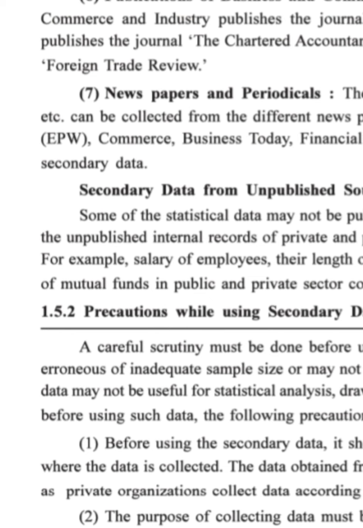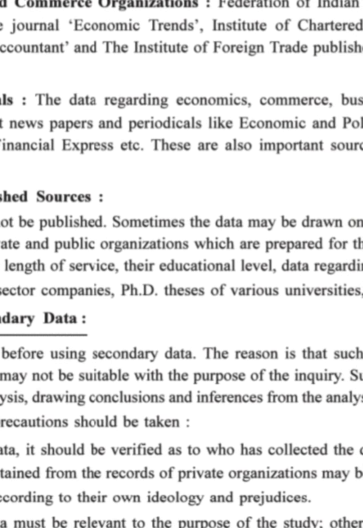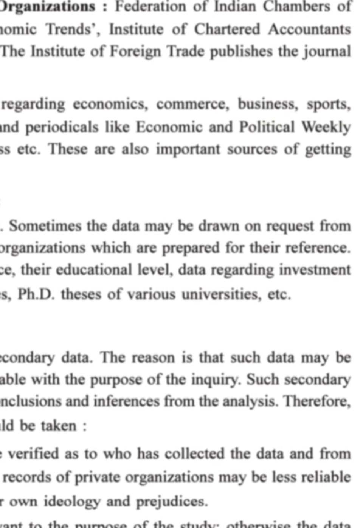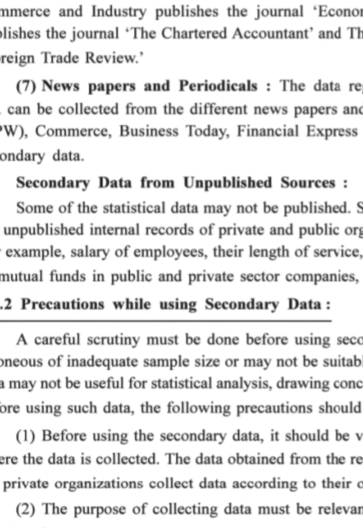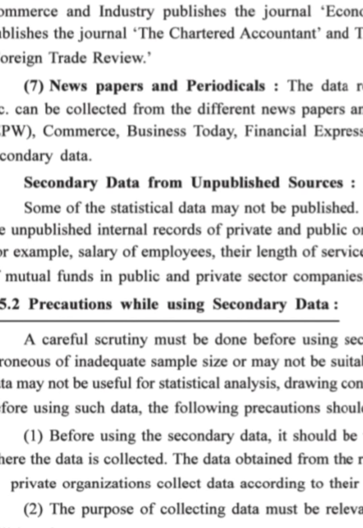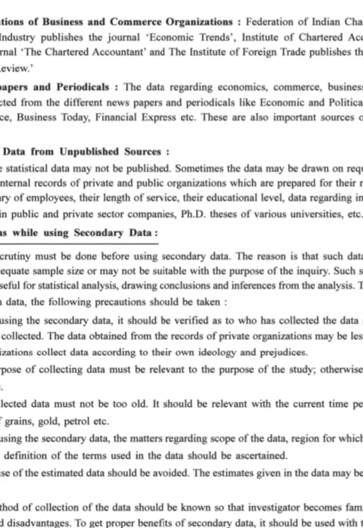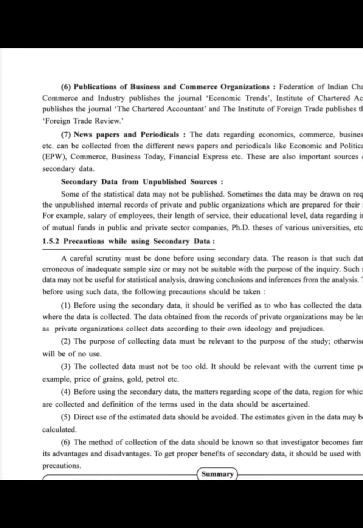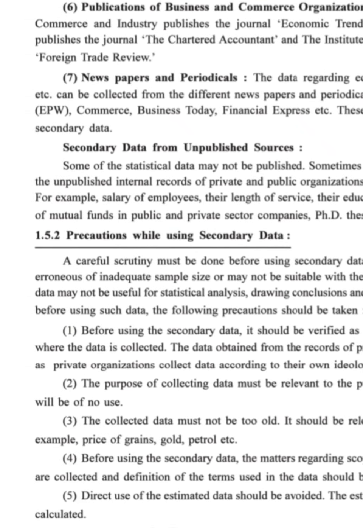For example, we might approach an organization to know about the salary of their employees, how many years of service those employees have given, their educational level, even what kind of investments they make, whether in mutual funds or not, whether in public or private sector companies, whether anybody has a PhD degree from any university or not. Such are the informations you get from unpublished sources. So those are the secondary data from the unpublished sources.